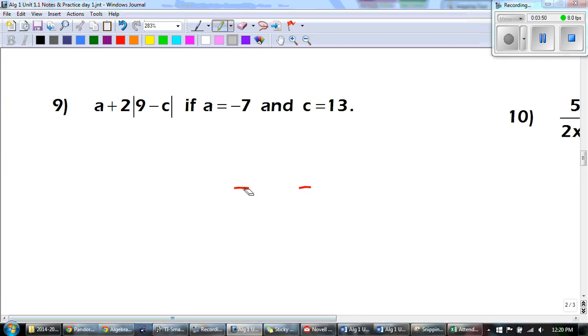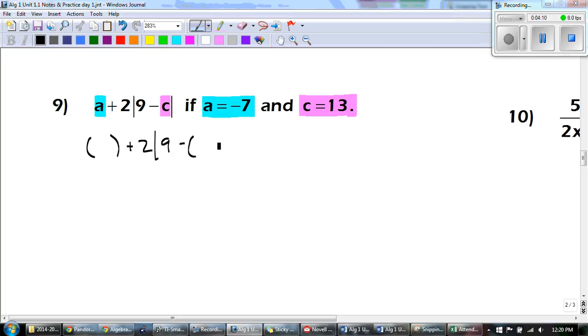All right, number 9. So now we have two variables, so we just got to pay attention to where the A is, and we'll do the C in pink, and where the C is. Every time I plug in, I am still using parentheses. And now, what are those brackets called again?